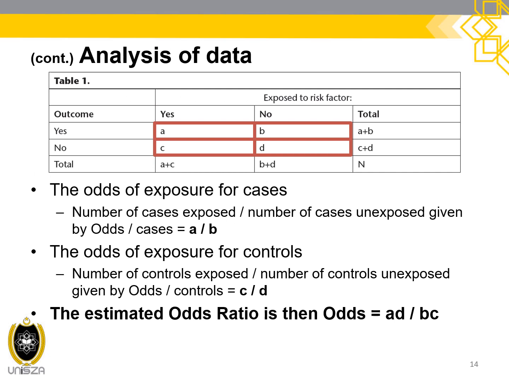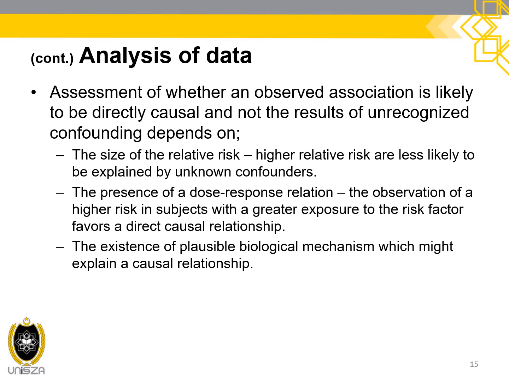This slide shows how to calculate the odds ratio. We have learned how to calculate the odds ratio in previous lectures. Therefore, to summarize, the estimated odds ratio is AD over BC. We are still in the analysis of data for case control studies.